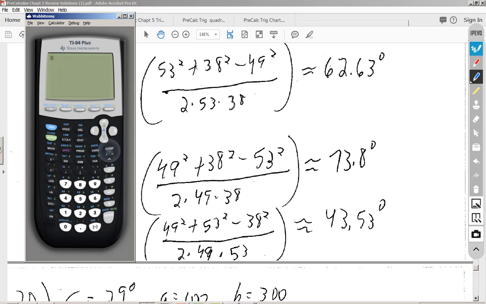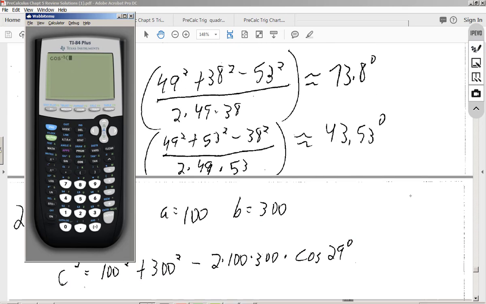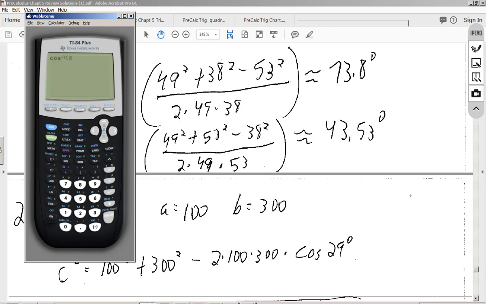Find that last angle. So you're going to need to hit second cosine inverse. And let me scroll this up just a little bit so we can see it. So now you got parentheses around, you got 49 squared, and then we got plus 53 squared, then minus 38 squared, and parenthesis, and then divide, and we'll need parentheses around our denominator.